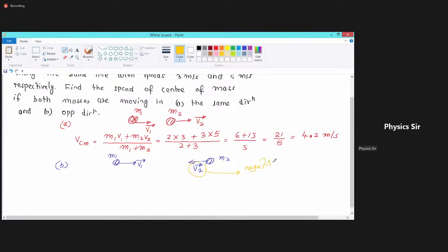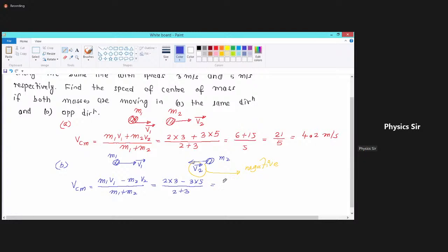This should be taken as negative, and hence the center of mass velocity will be m1 v1 minus m2 v2 divided by m1 plus m2. What is m1? m1 is 2, v1 is 3, minus 3 into 5, divided by 2 plus 3.